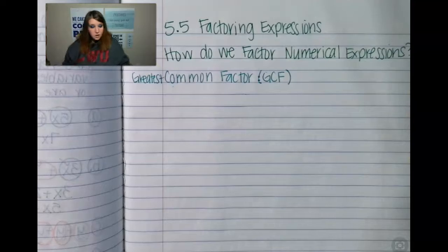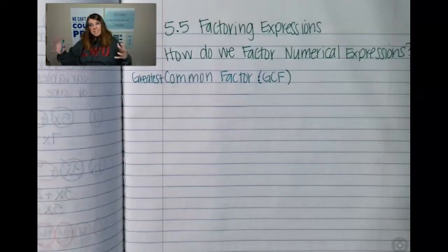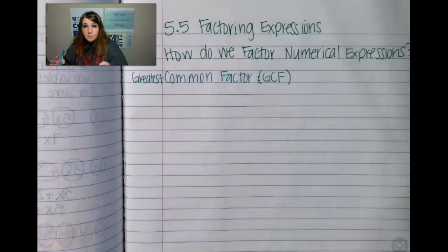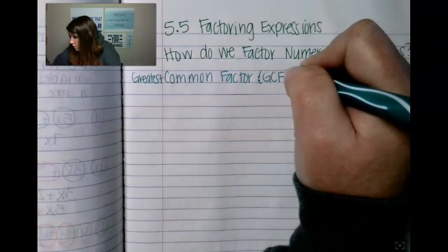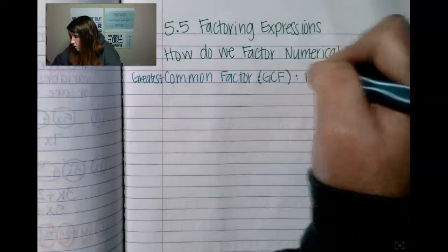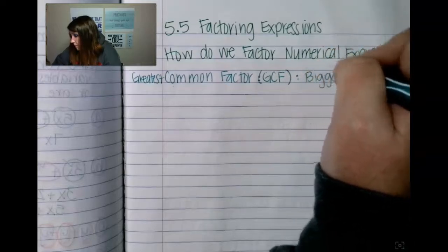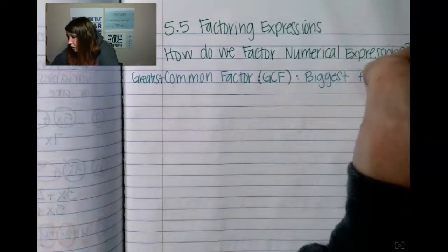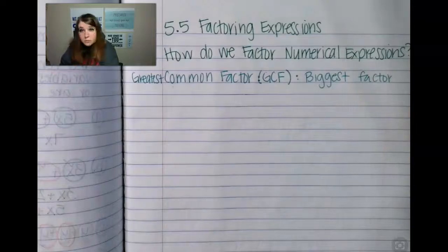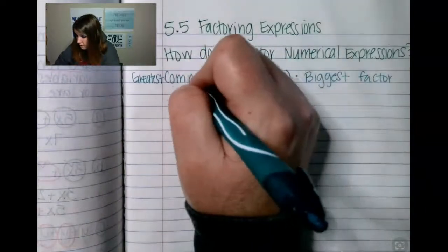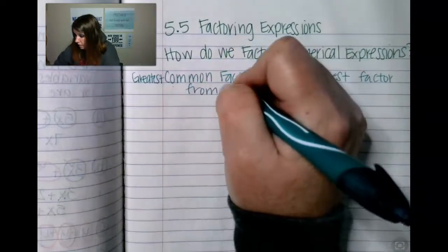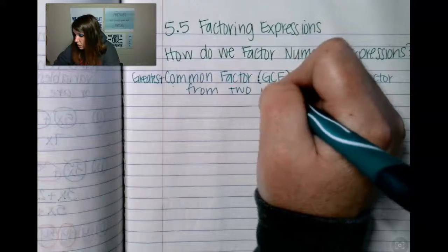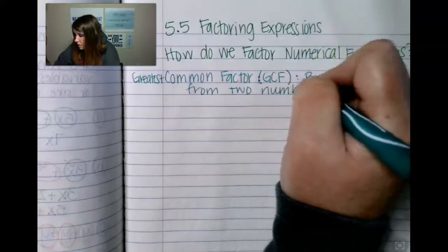The greatest common factor is the biggest number that can go into or multiply two numbers. The biggest factor or multiplier from two numbers.